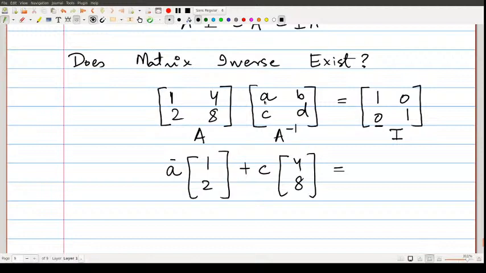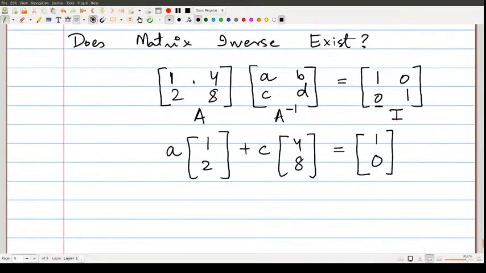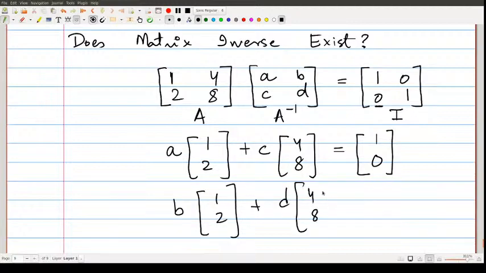So if I take a linear combination with the first column of A inverse of these two columns, then that's going to give me the first column 1, 0. And the other thing is, if I take b times 1, 2 plus d times 4, 8, that equals 0, 1.